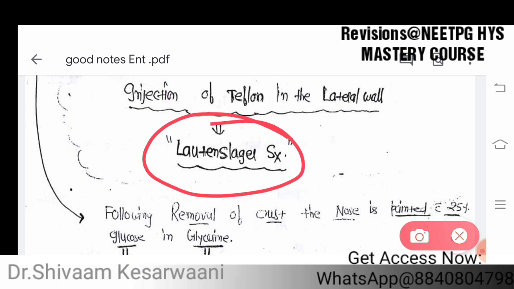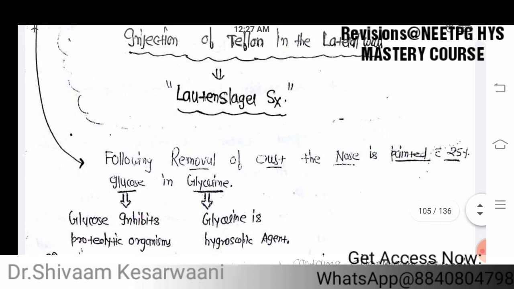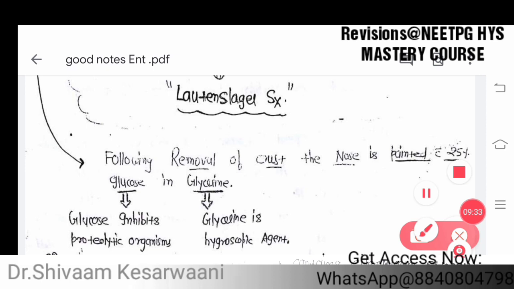Now there is one similar condition I want to mention along with it, rhinitis sicca. So what is this rhinitis sicca? The findings of anterior rhinoscopy resemble atrophic rhinitis, but the clinical findings resemble atrophic rhinitis in only the anterior one third of the nose. Why am I saying this?